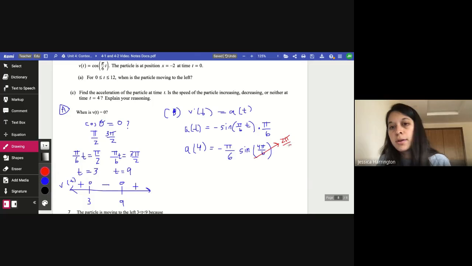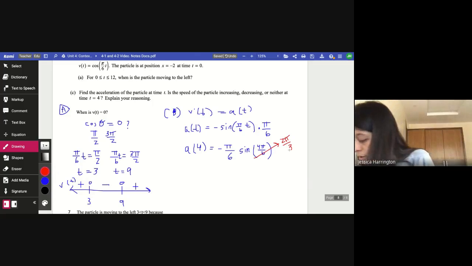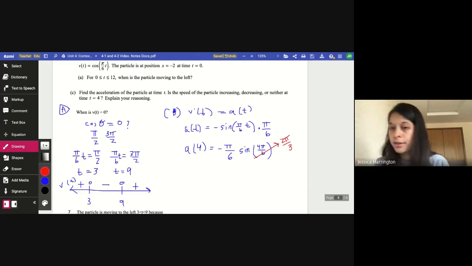So we need to remember what's the value of sine at 2 pi over 3. And that is root 3 over 2. And it's still being multiplied by negative pi over 6. So when I multiply that out, I end up with negative root 3 pi over 12. Okay, so I know my acceleration is negative when t equals 4.